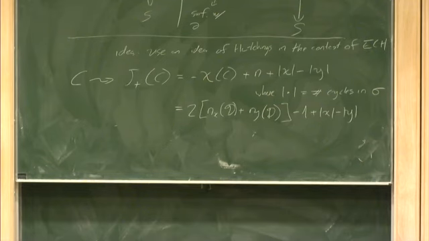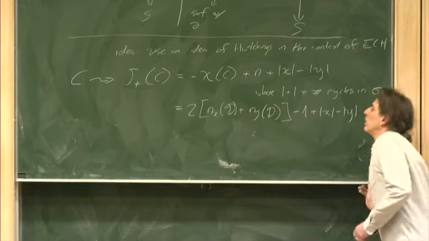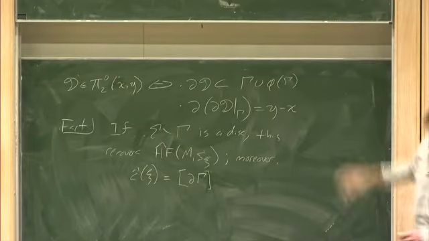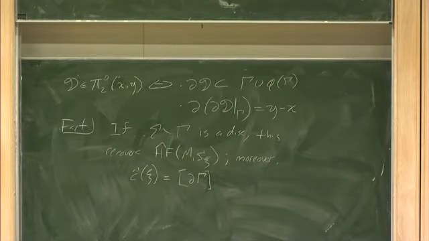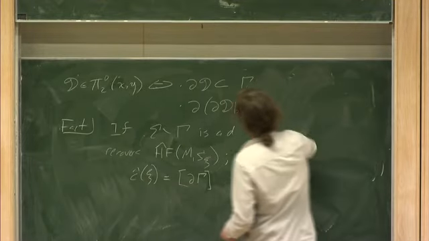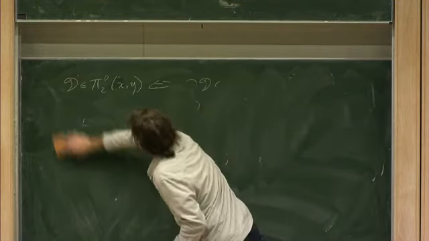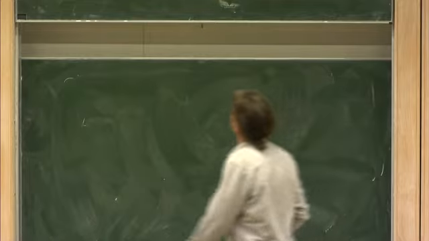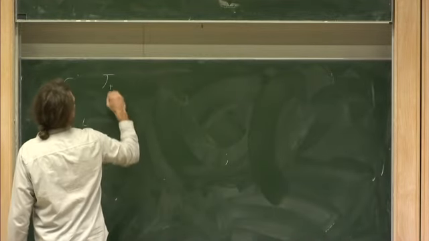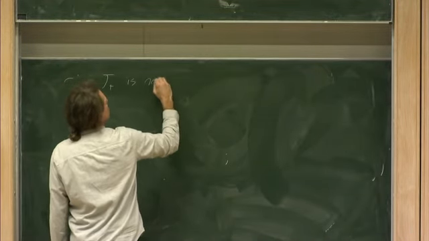So what do we want to do with this J? Well, we want to show that it has a couple of nice properties. First of all, it's non-negative.